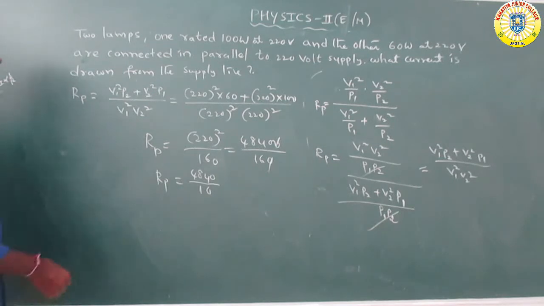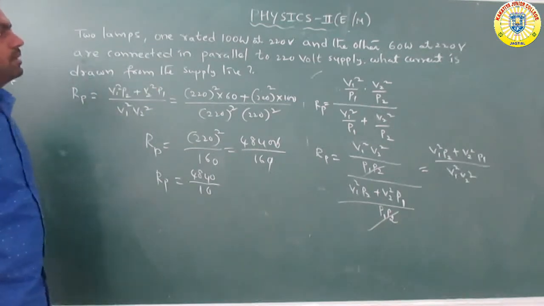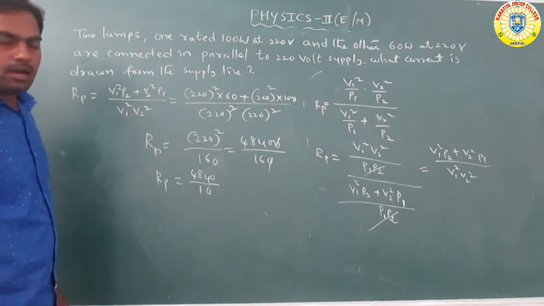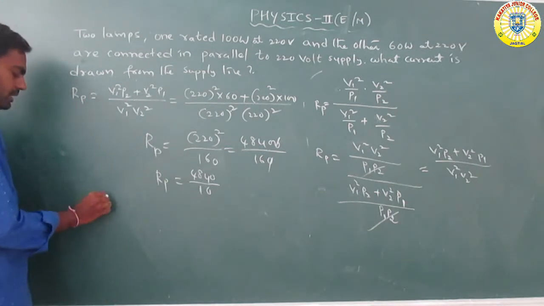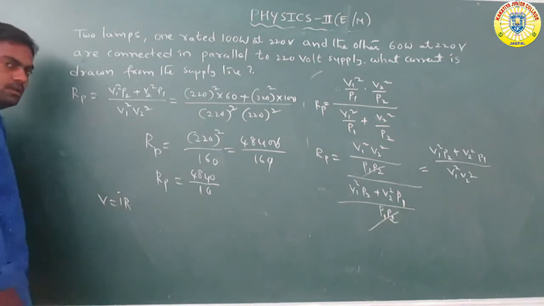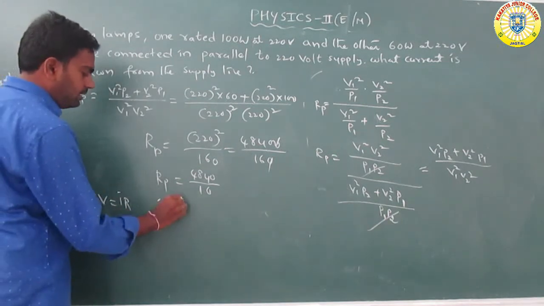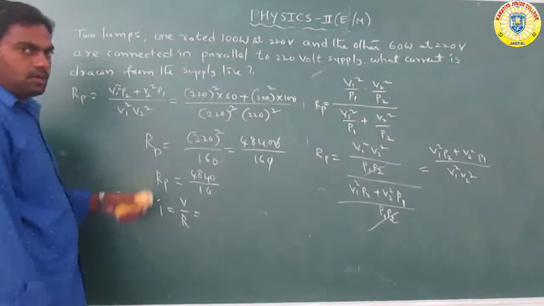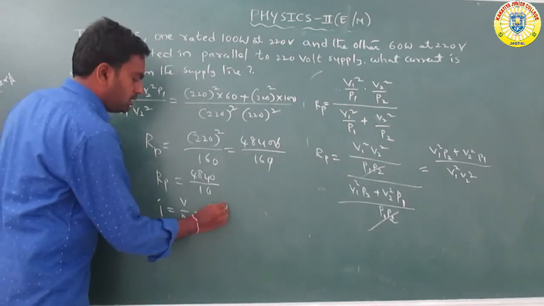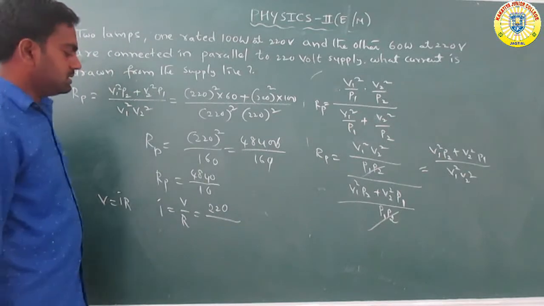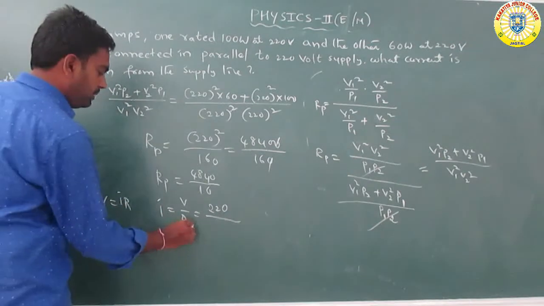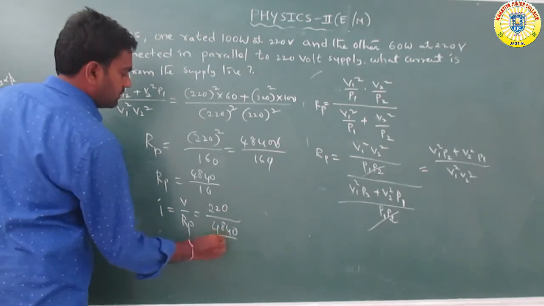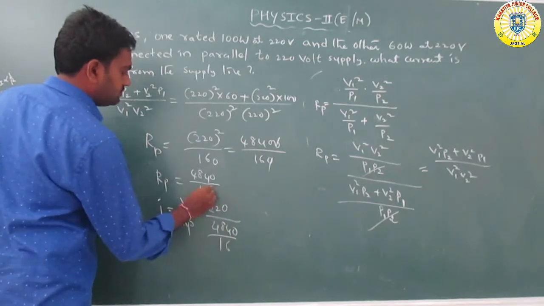The next question: what current is drawn from the supply line? According to the basic formula, V is equal to IR, so the total current I is V by R. V is the total voltage supply, 220, divided by R, the resistance RP, which is 484 by 16.